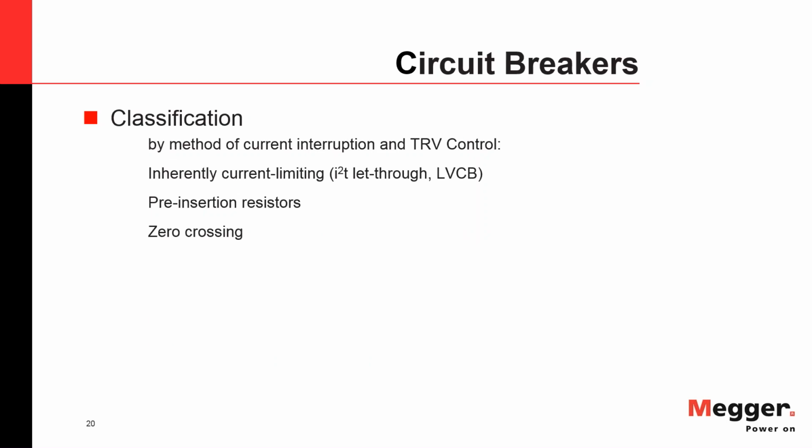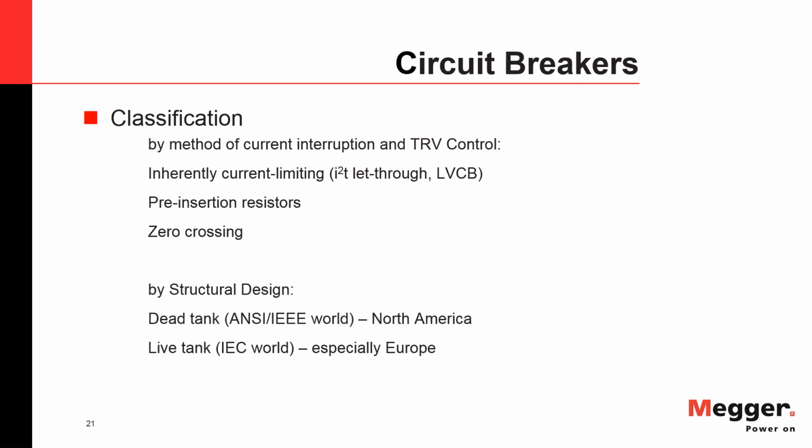Especially the old air blast high voltage circuit breakers had pre-insertion resistors, and vacuum circuit breakers particularly are zero crossing circuit breakers, so they need zero crossings. The current has to go from one polarity to the other, and in that moment the interruption can take place. And all of these methods are pretty much defined by the construction of the circuit breaker and by the voltage level, because certain things are not applicable at certain voltage levels.